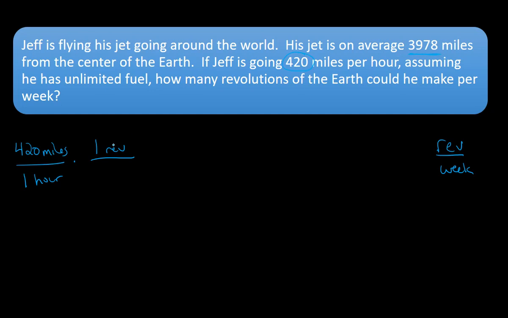So that is a radius. So I am going to use 2 pi r, which is then times 3,978, and that's miles. Okay, so that actually helps us get rid of the miles. And then I got to get rid of hours.